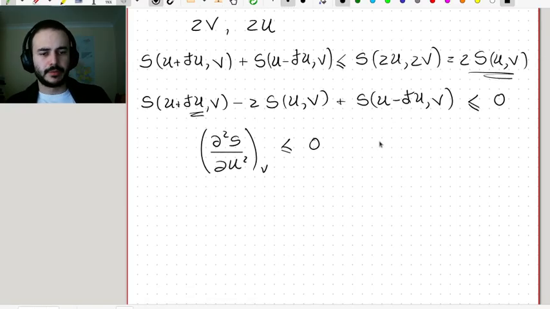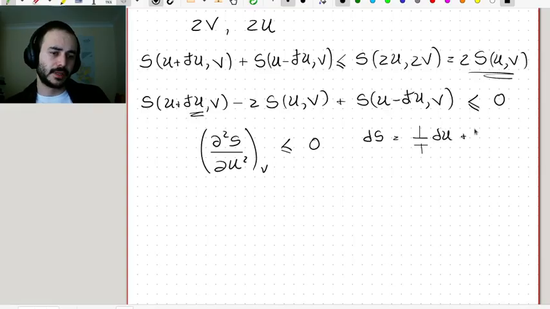But now remember the differential form, the fundamental thermodynamic relationship in terms of entropy. You have dS equals 1 over T du plus P over T dv, okay?